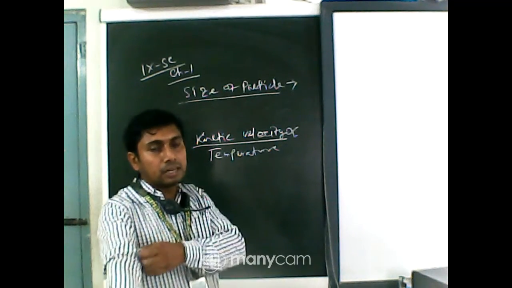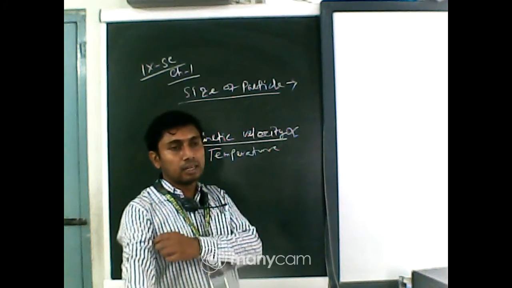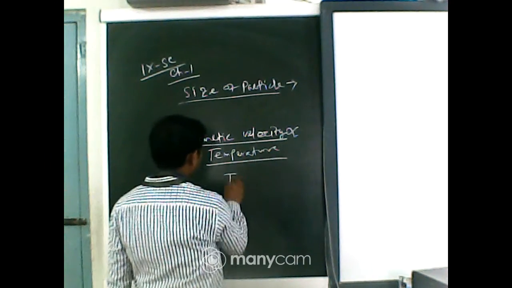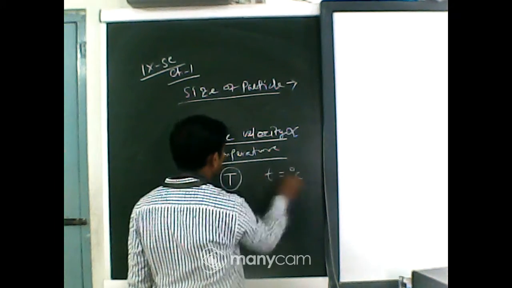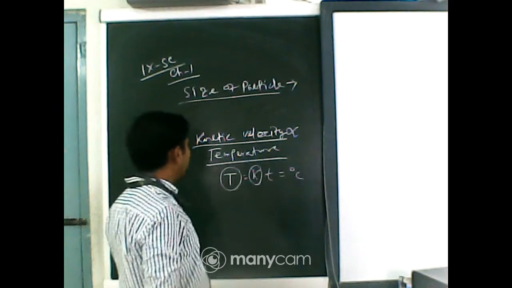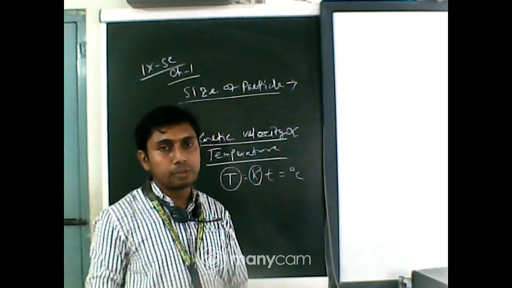Here temperature is absolute temperature. What is absolute temperature? It is represented as capital T. The small t is in degree centigrade, and capital T is in Kelvin. So the kinetic energy is proportional to capital T, that is absolute temperature.